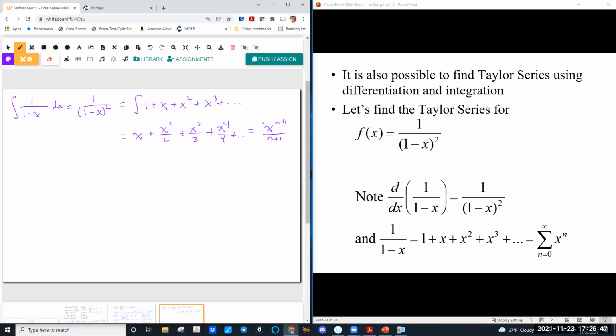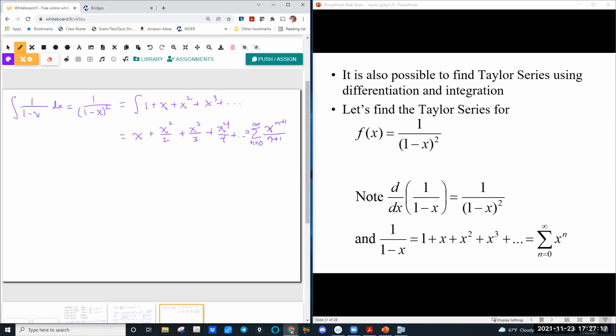I didn't really leave enough room for the summation there. Give a little bit more space for that. Everything stays the same. It's still going to start at 0 up to infinity.